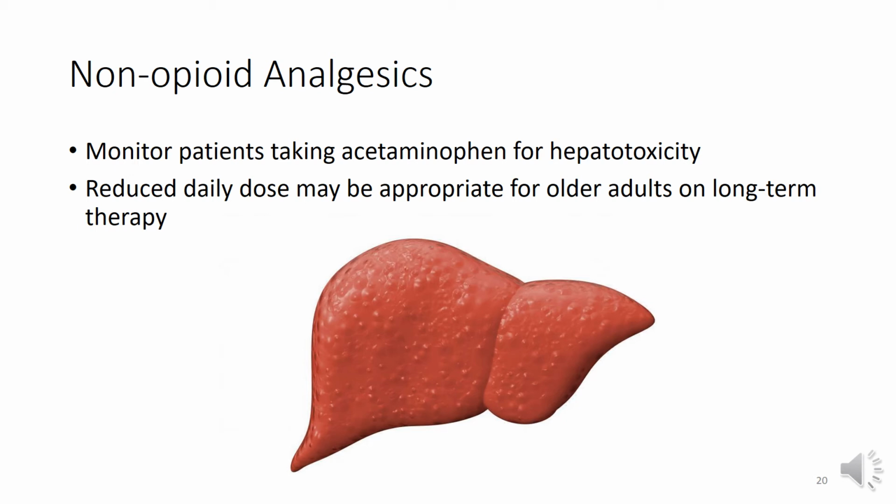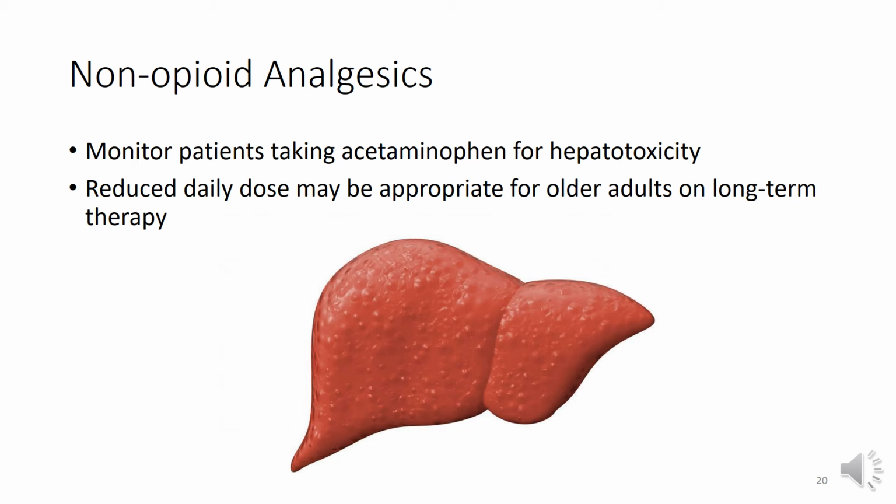NSAIDs. What does NSAIDs stand for? Non-steroidal anti-inflammatory drugs. These are your ibuprofen, Motrin, naproxen, Celebrex, ketorolac or Toradol. They produce pain relief by blocking prostaglandins through inhibiting the enzyme COX.